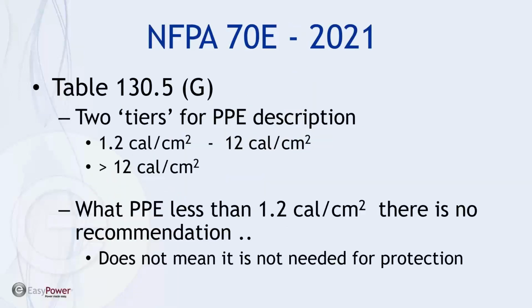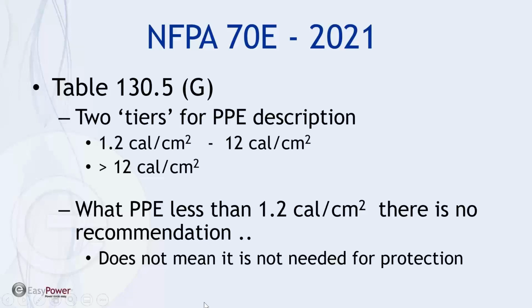But what we have now, and it's been carried forward into the 2021 version of NFPA 70E, is a 2-tier table for describing PPE for different ranges of incident energy. The one is 1.2 calories to the 12 calorie range, and the criteria is we've calculated incident energy, then the PPE that we select must meet or exceed the calculated value for the bus.